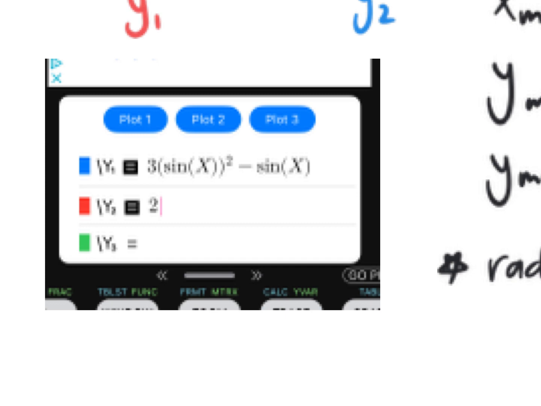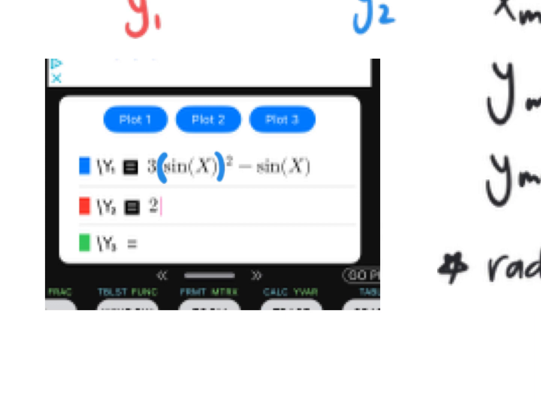Make sure that this entire sine of x quantity is being squared and that you don't put the little 2 in that parenthesis. It's got to be on the outside of that.